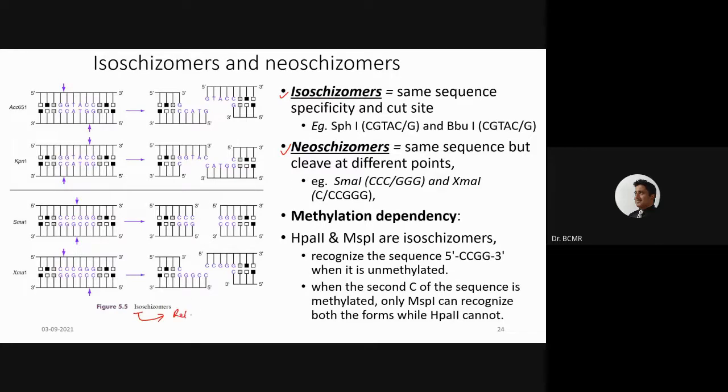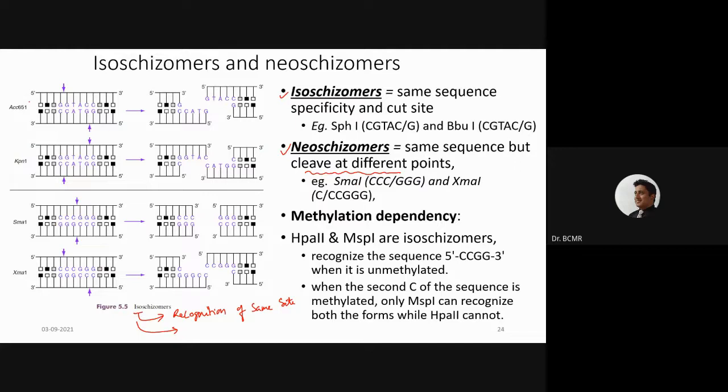It is only about recognition of the same site, the sequence in the site being the same. Neoschizomers are a type of isoschizomers. The only thing is that neoschizomers cleave at a different point; the cleavage site is different.